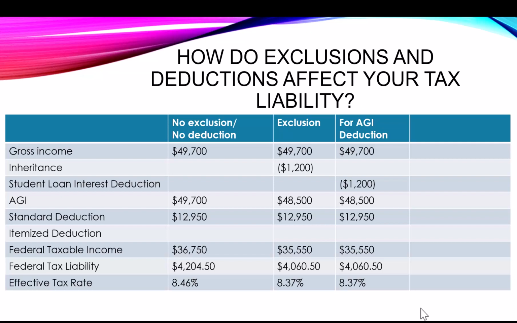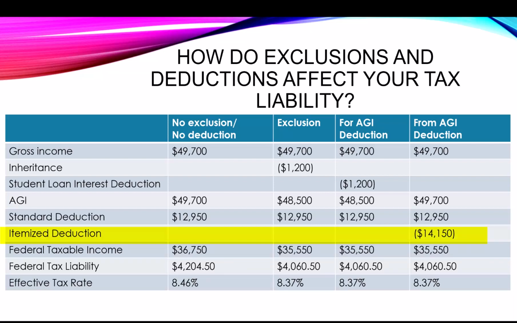Since this chapter also covers from AGI deductions, let's see the tax benefits that would be yielded using a from AGI deduction. In this case, Amani's gross income will still be $49,700, and since he has neither an exclusion nor a student loan interest deduction, his adjusted gross income will be $49,700. The big difference here is that Amani's going to take his itemized deductions of $14,150 because they're bigger than his standard deduction.